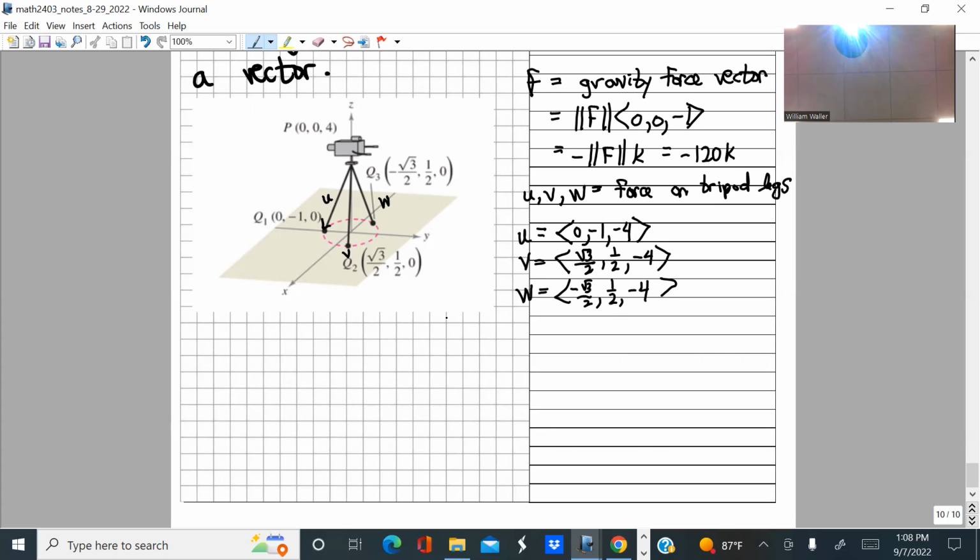Can we check this? See what I'm saying here is F has to be what? U plus V plus W, correct? Are we even close to that being the case?